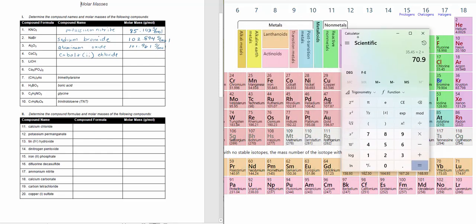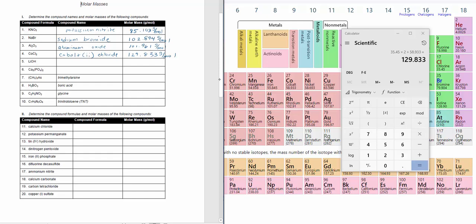Now, cobalt is found in the transition metals. It's in column 9, and the mass of cobalt is 58.933. Add that to my 2 chlorines for a molar mass of 129.833 grams per mole.